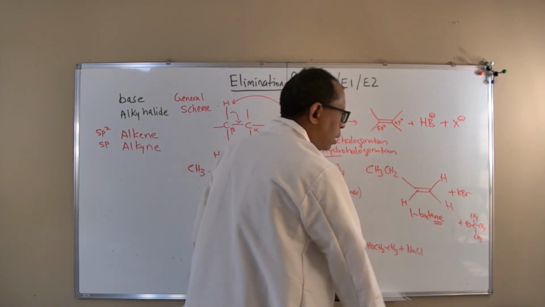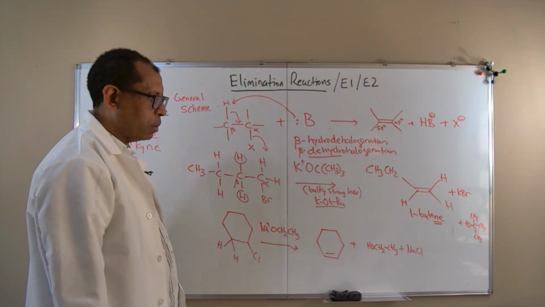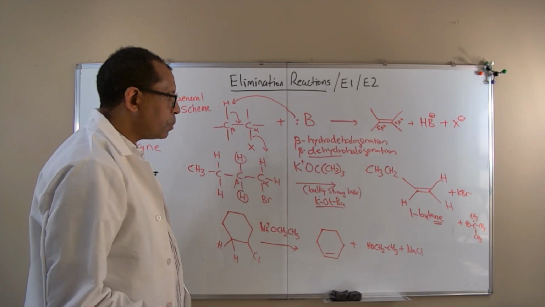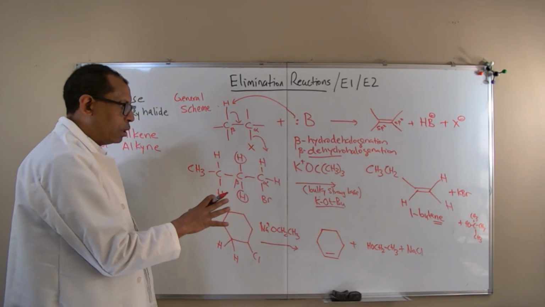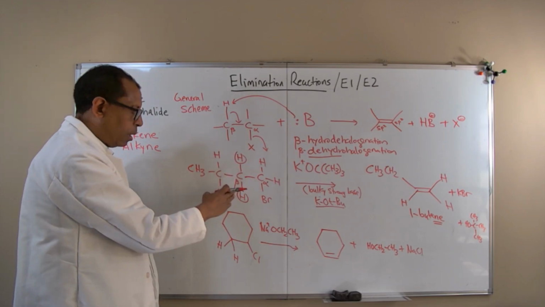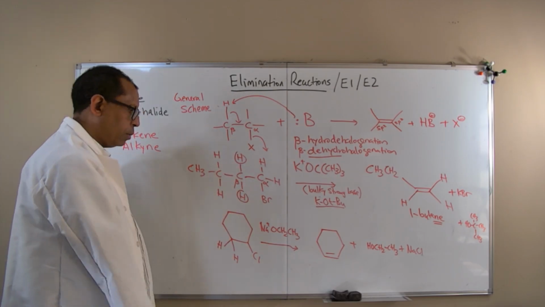The ending is ene, alkene, so remember the naming also. So that's 1-butene that's generated. This elimination reaction uses an alpha halide, and the beta carbon should have at least one hydrogen.